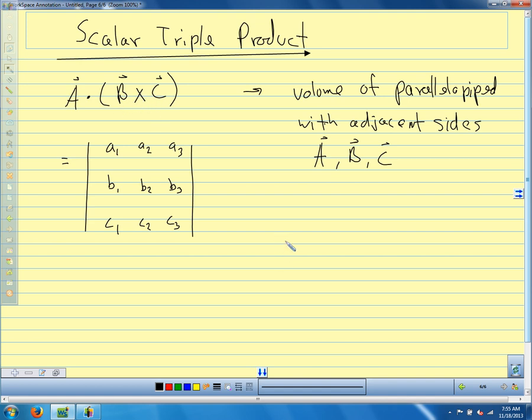So let me draw a little picture of this parallelepiped.